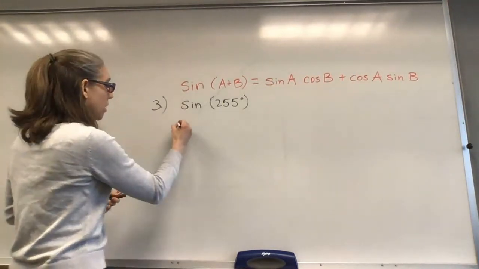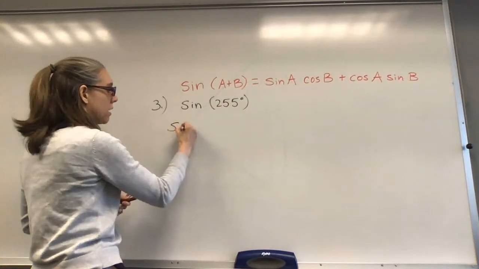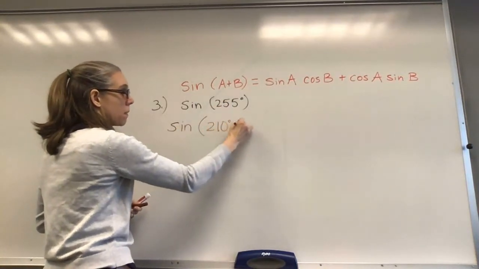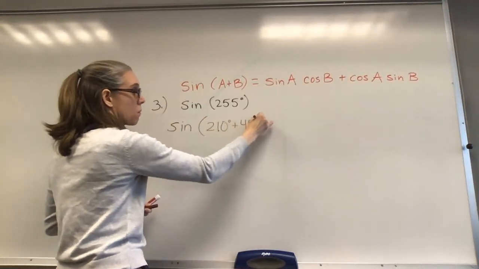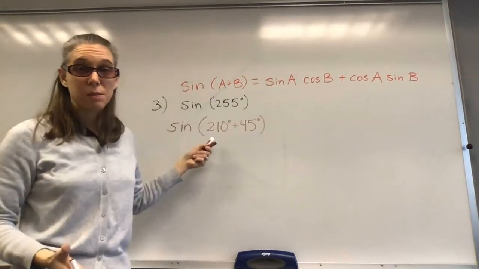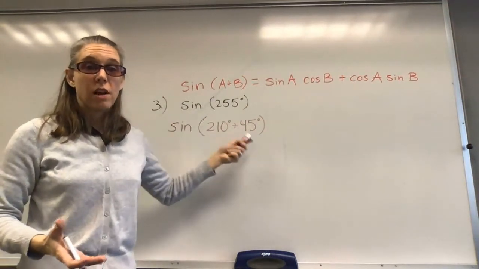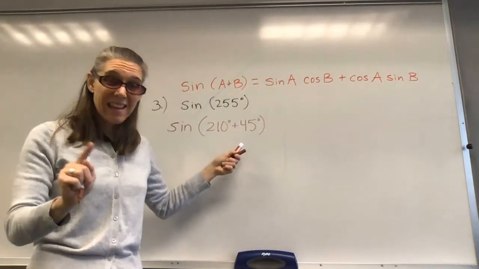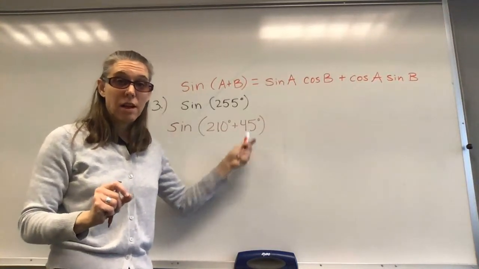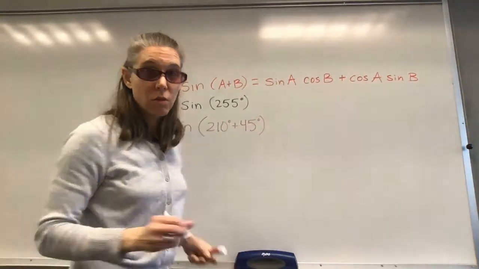You want to rewrite this original line with the 255 degrees, or whatever number you get, split up into the two values that you're actually going to use. Then you want to include in your work substituting these particular values into this formula.